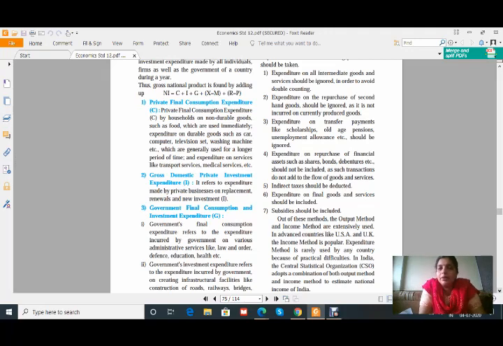Listen to it, expenditure method is not used by so many countries, and in our country which method is used, the CSO, that is Central Statistical Organization, adopts a combination of both output and income method. That means in our Indian economy, both the output and the income methods are adopted by CSO so that we can get the accurate national income of our country.